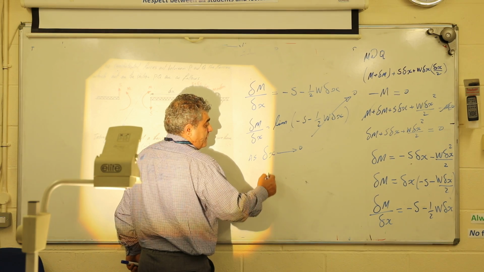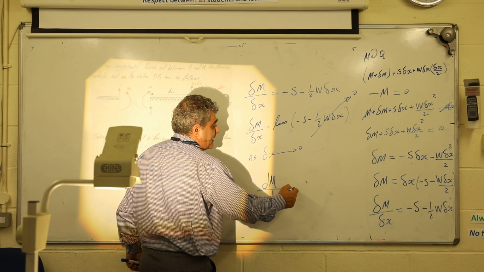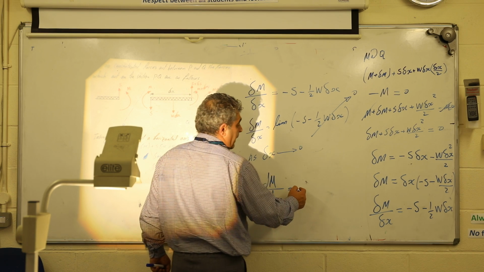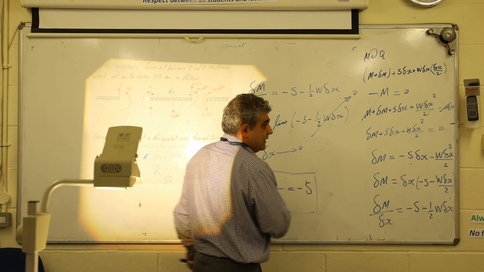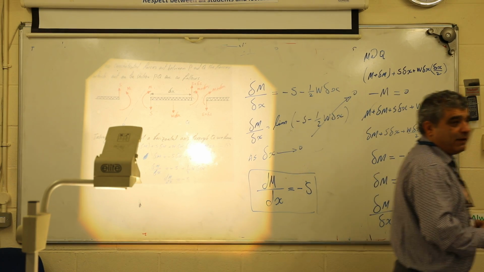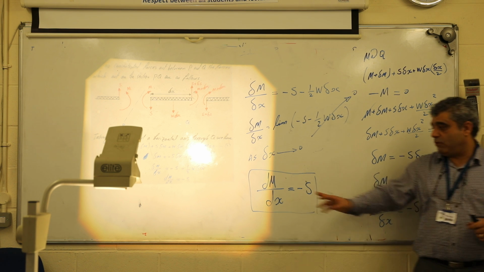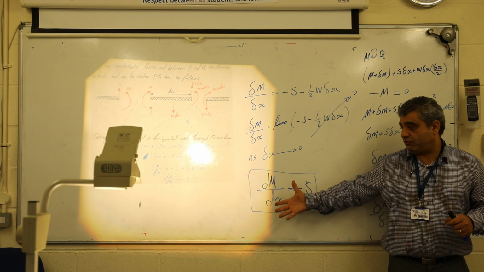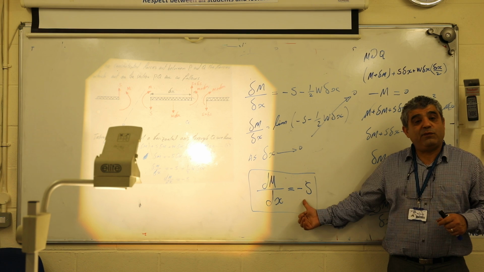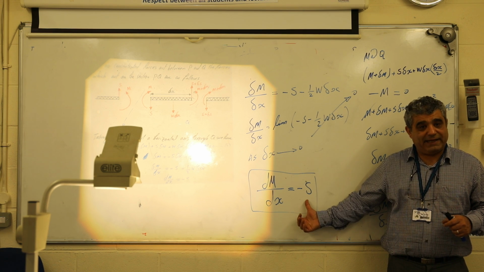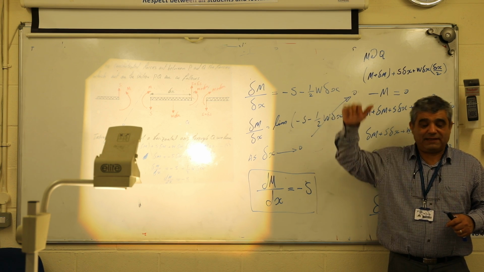So you can say the differentiation of the bending moment with respect to x is always equal to minus the shear force. Do you remember earlier I asked you the way you can check the bending moment with the shear force? Yes? If you want to check whether the bending moment equation is correct, differentiate the bending moment with respect to the distance, and it will give you the equation of the shear force with the negative sign, as long as you take shear one side positive, one side negative.